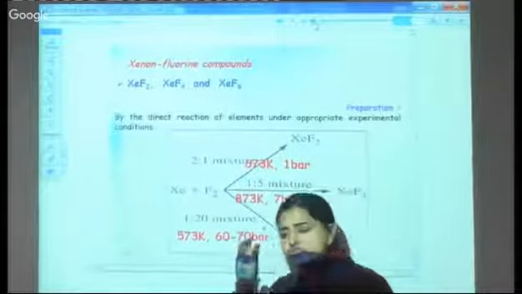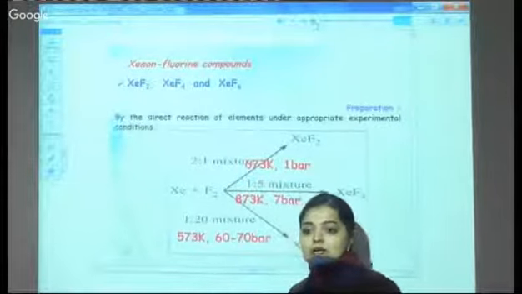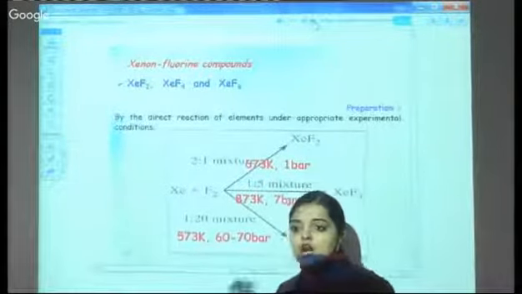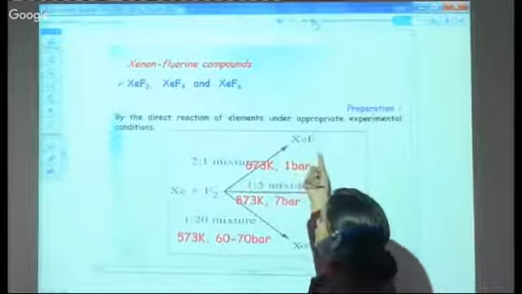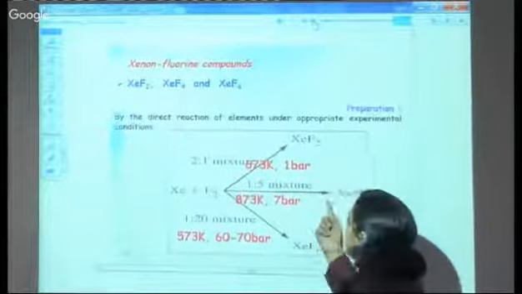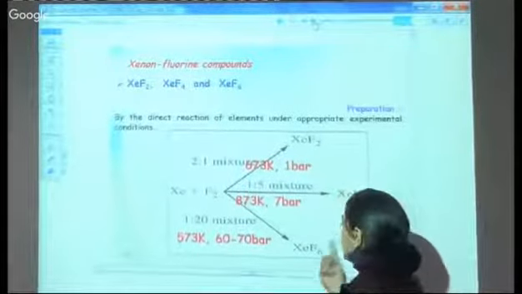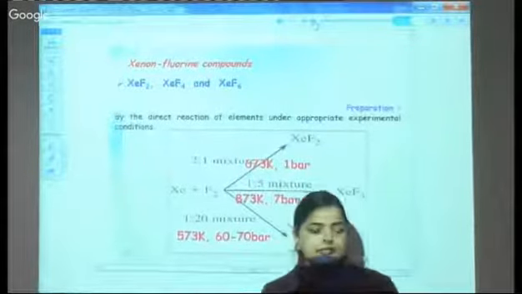That means inertness decreases to an extent, but it's still inert. Under normal conditions it does not react, but providing a lot of heat, a lot of energy, it reacts. So it gives you XeF2 in 1:2 ratio, or you can say 1:5 ratio, it gives XeF4 and XeF6, which we have already studied in halogens. Next slide.